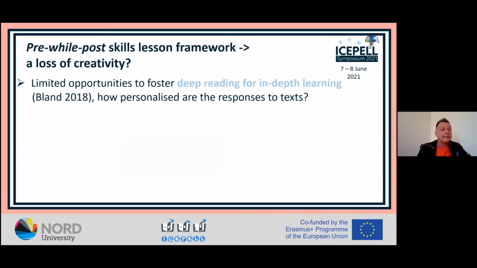And for something like interculturality and intercultural learning, that depth is necessary. It's complex, it's rich, it's multifaceted, it's plural.